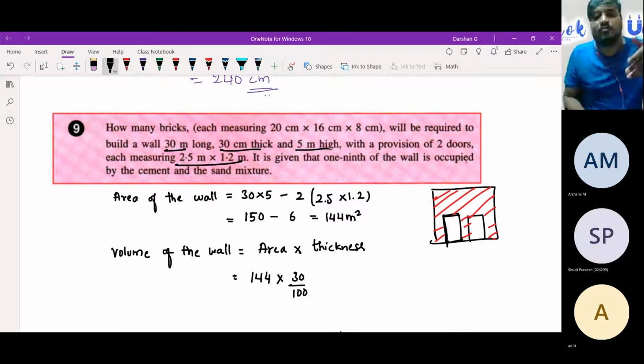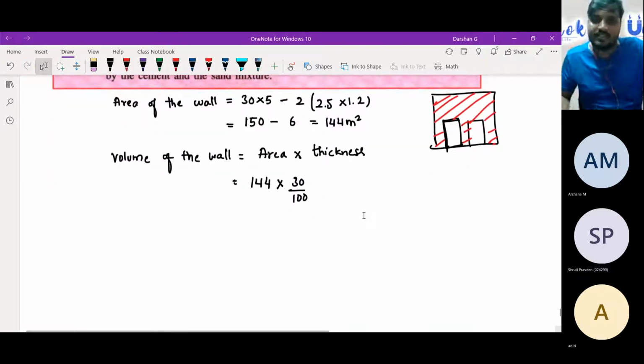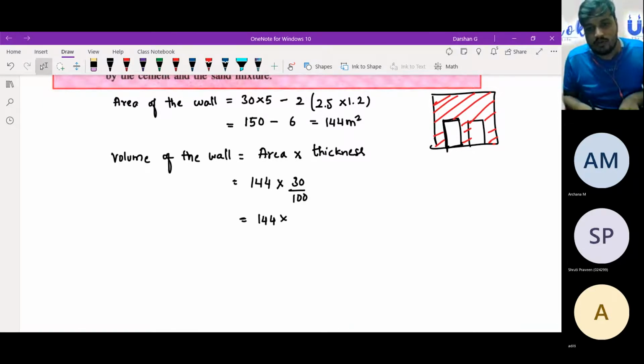But the bricks are in centimeters, so it's better if I have all the data in centimeters. So we multiply by 100 three times, meter cube.